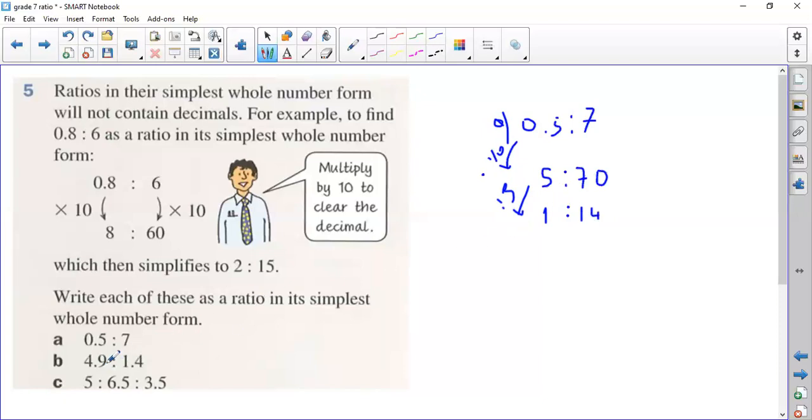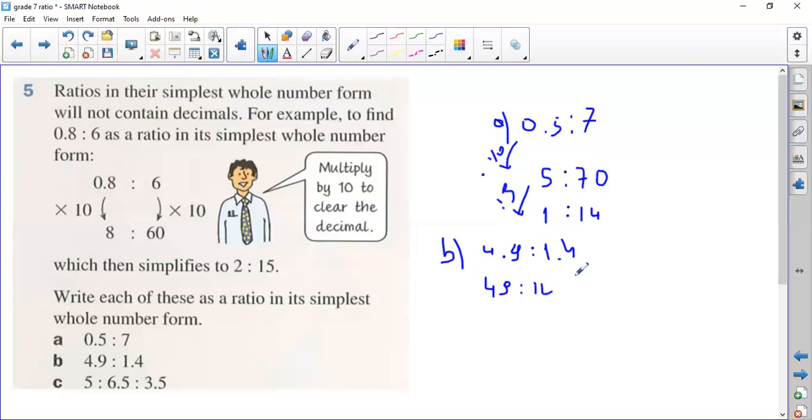At the second one, so this is the ratio. At the second one, I have 4.9 to 1.4. At B, both of them are in decimal form with one decimal place after the decimal point. So again, I will have to multiply by 10. So if you multiply by 10, you'll get 49 to 14.